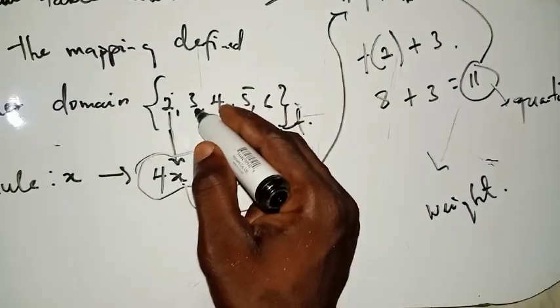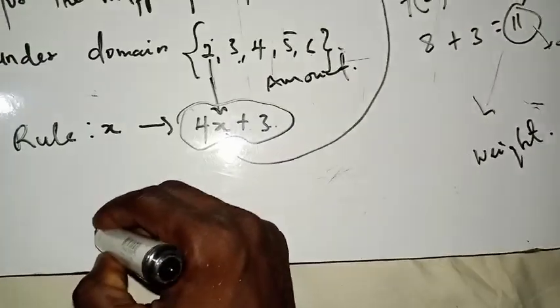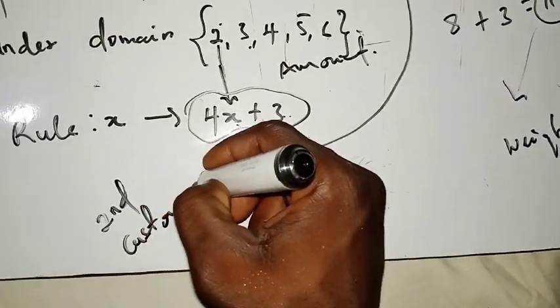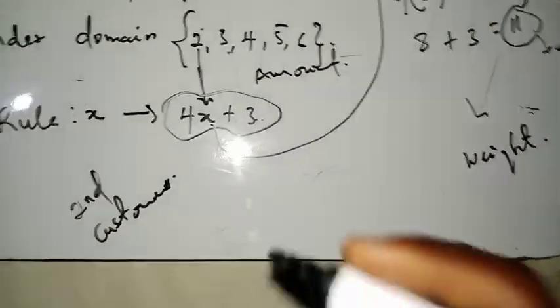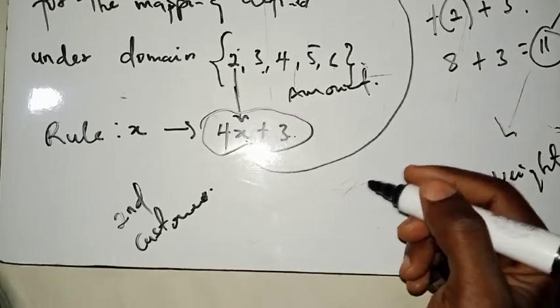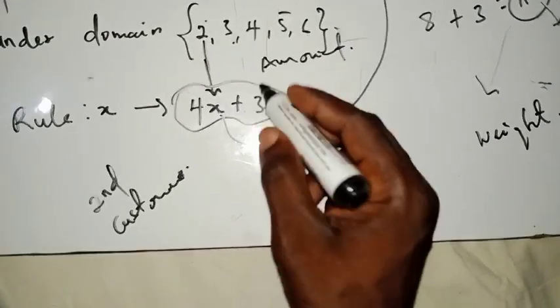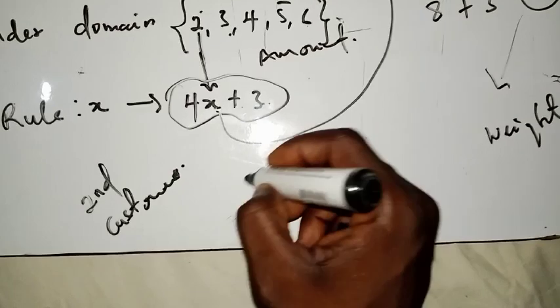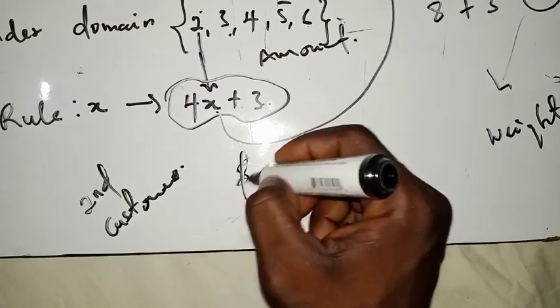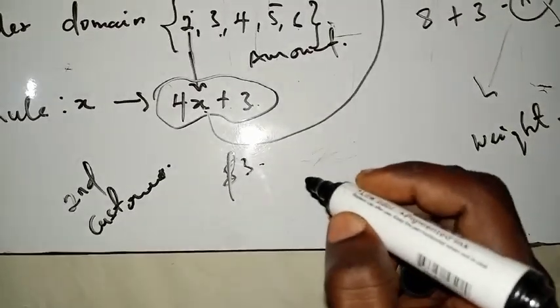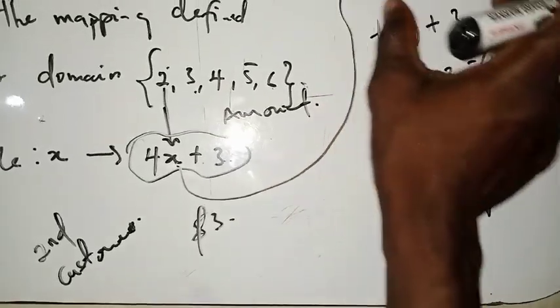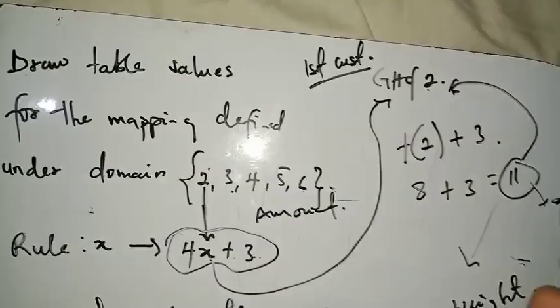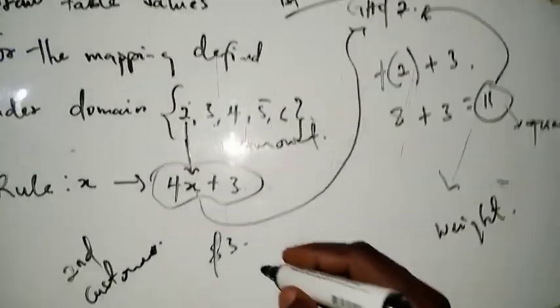What will happen for the second person? Let me do the calculation for the second customer. He or she is bringing an amount of 3, assuming that is $3. The currency has to be the same, but just for understanding purposes, this is how we choose to go about this.